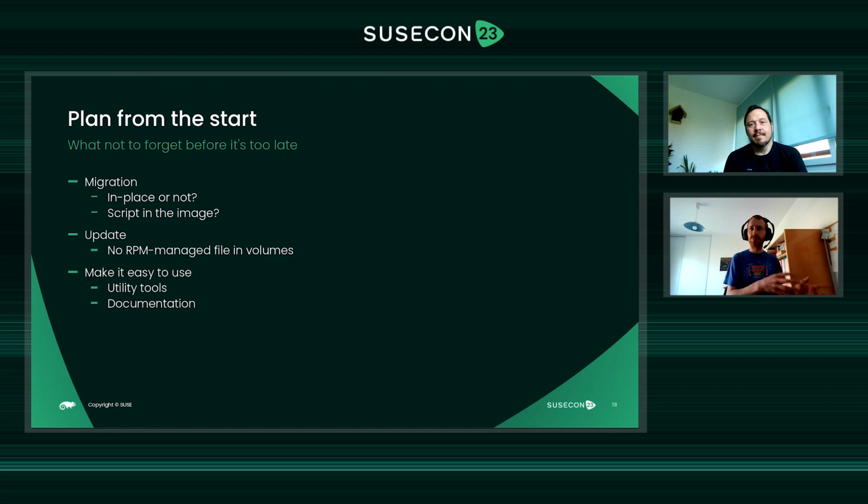Will you use in-place migration on the same machine, or force the user to prepare another machine? In the case of Uyuni, since there are some products that are required on the server and will not be required anymore on the new thing, we decided to go with a completely new machine, not an in-place migration.